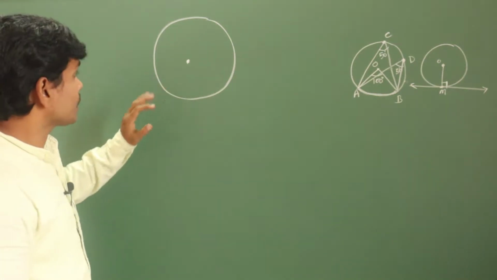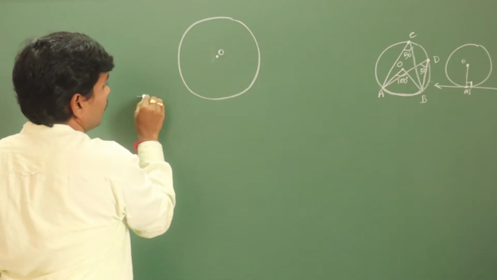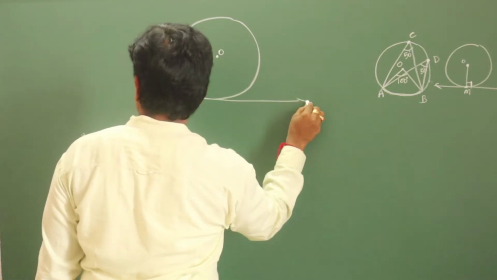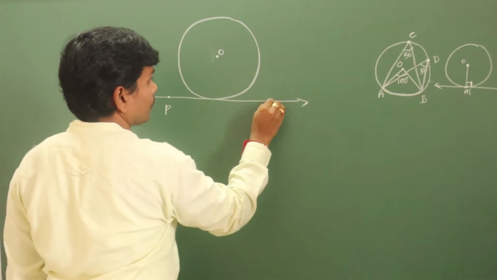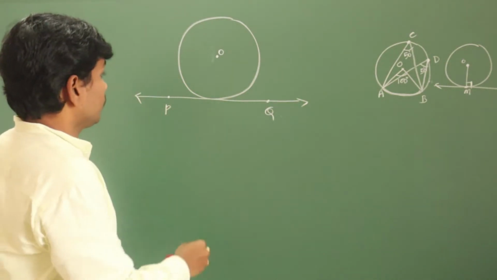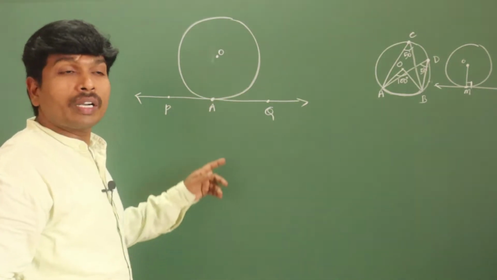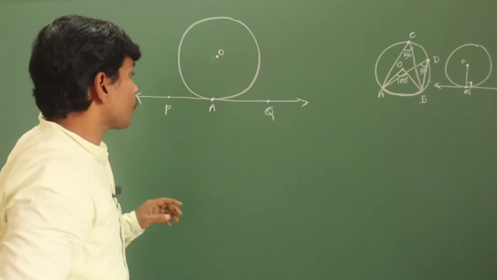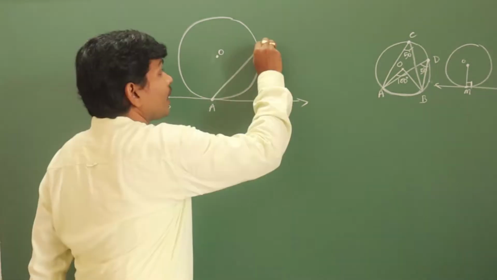Okay, this is the circle with center O and PQ is a tangent. Here A is the point of contact. From the point of contact you draw a chord.